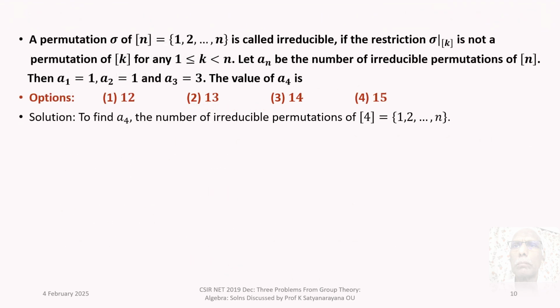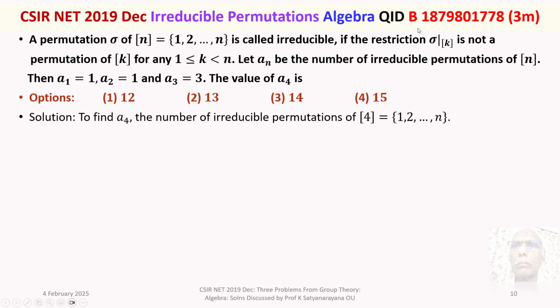This is the question that has appeared with this question ID, and it is related to irreducible permutations. And what is an irreducible permutation? We normally do not see this definition of irreducible permutation on permutation groups anywhere in the textbooks. But here is a definition given to you.